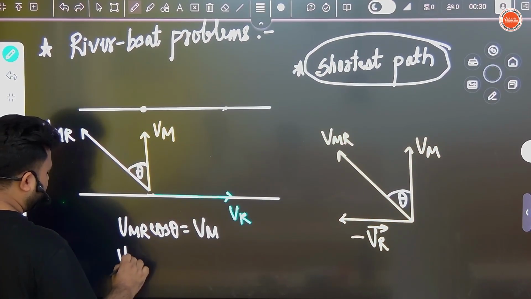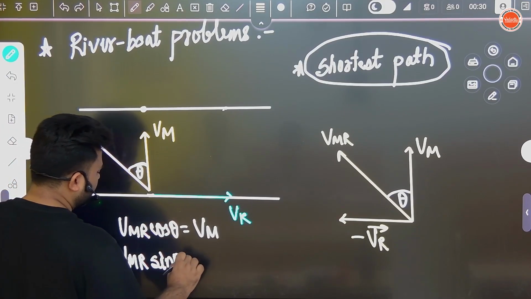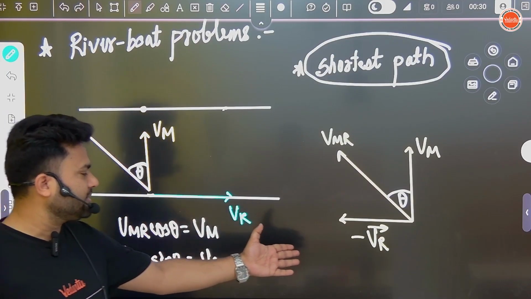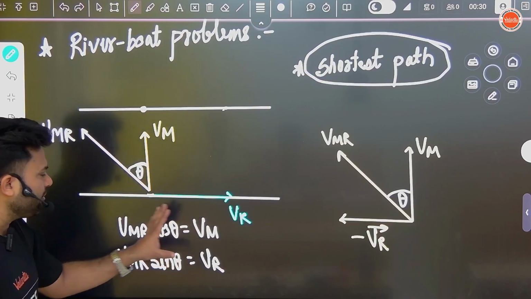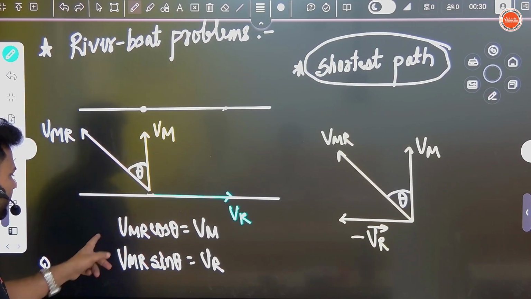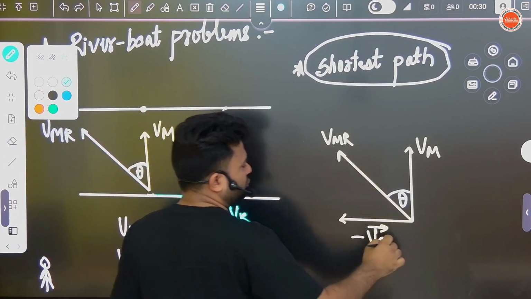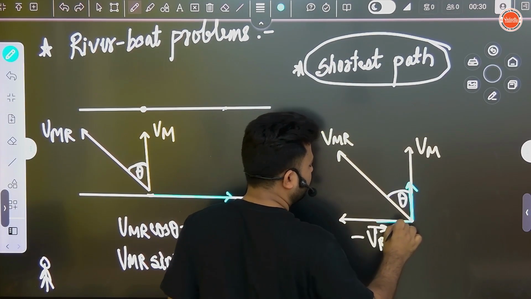Similarly, VMR sin theta, I am focusing on the value, so the value will be VR. For a vector quantity, minus just tells the direction. Right now I am concerned just about the values. So this vector has two components, one in this direction and one in this direction.